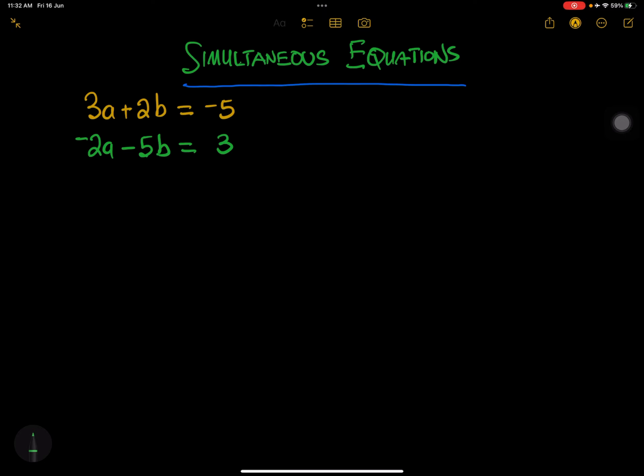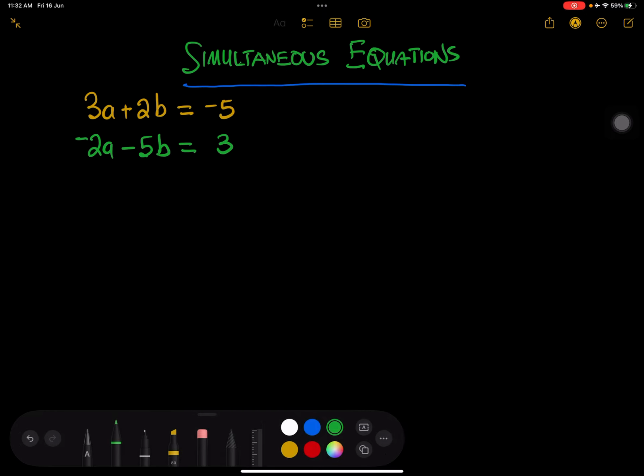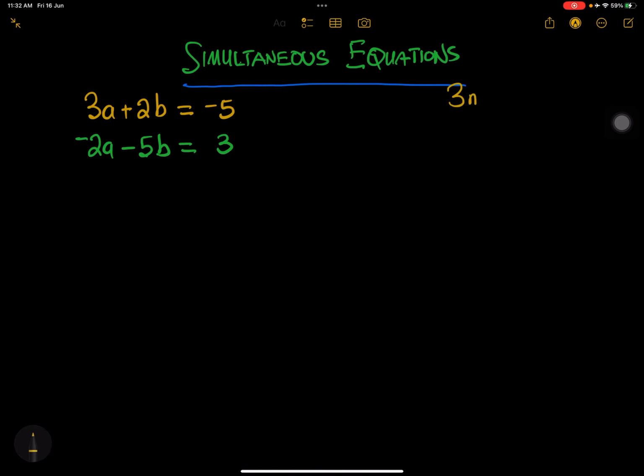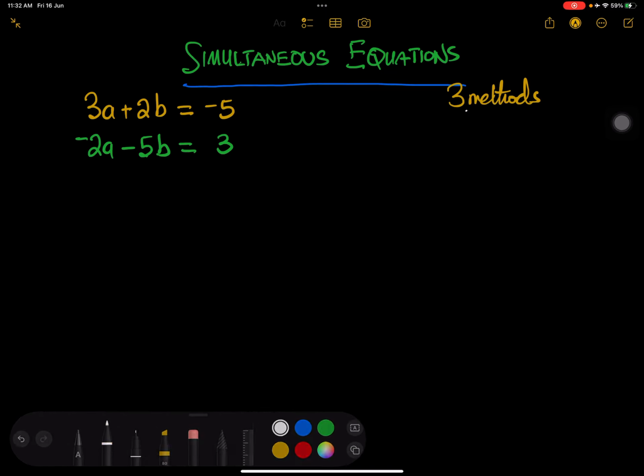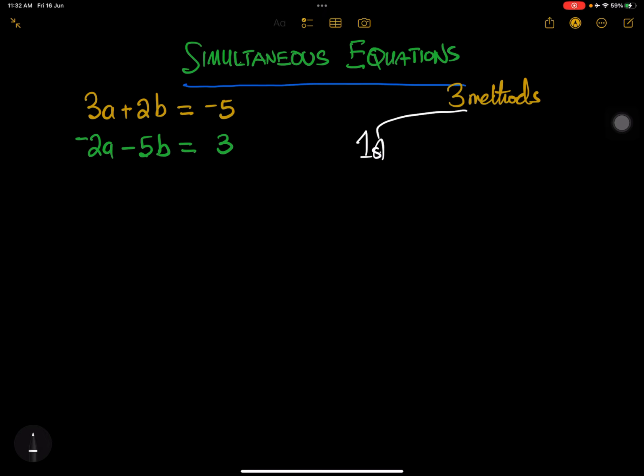Now, there are usually three methods. Let me write it here. The first two methods, we use when we only have two variables.